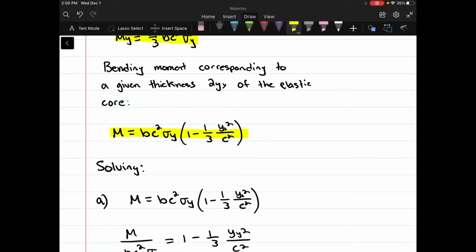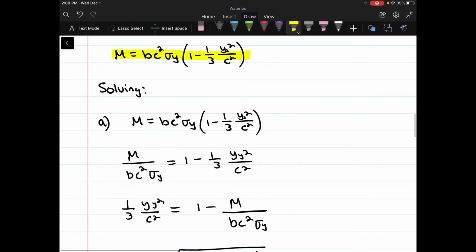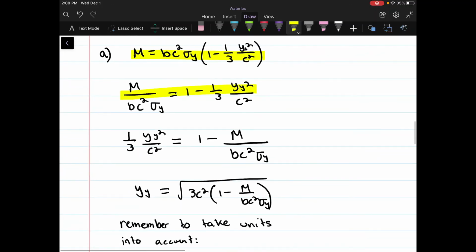Now that we know everything that is given and all the equations that we will need, we can start solving for our values. When solving for the thickness of the elastic section corresponding to the external bending moment, we will want to use this equation. We want to rearrange this equation to isolate for the thickness, which is done here, from this step all the way through this step.